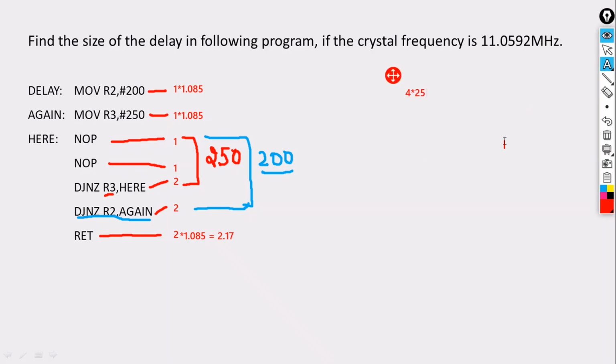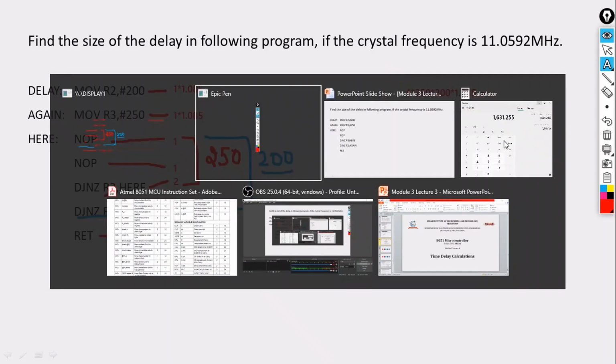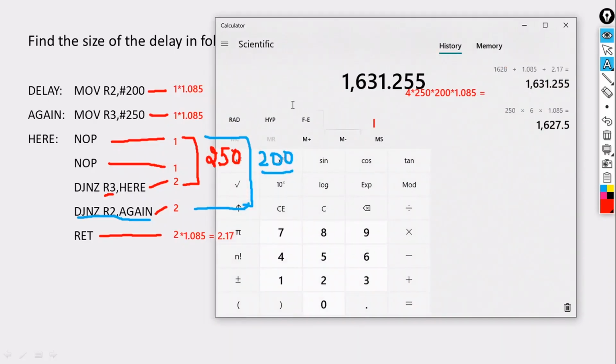So 4 into 250, and this executes 200 times, so it is 4 into 250 into 200 into 1.085, so I'll be getting 217,000.